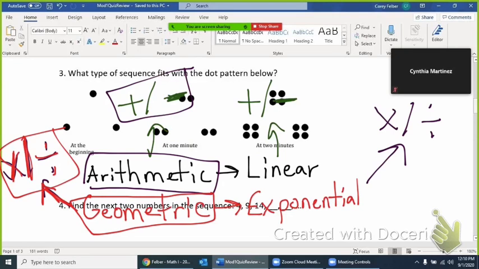So just remember, multiplying is geometric. Adding is arithmetic. Think about the two A's. Adding is an A. Arithmetic is an A. So adding goes with arithmetic. Multiplying goes with geometric.